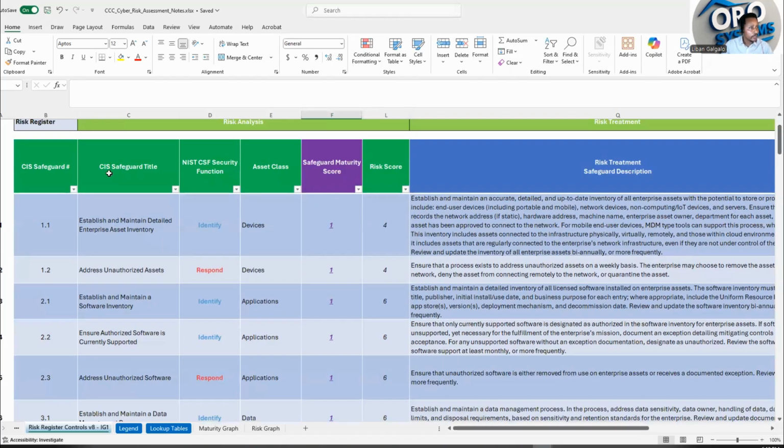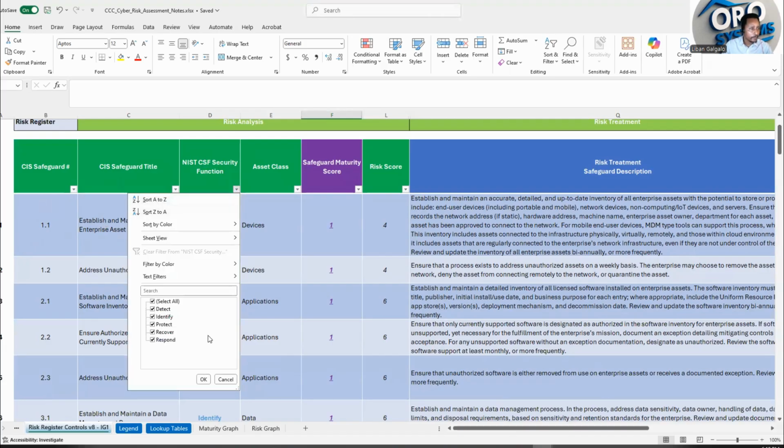Up here, we have the CIS safeguard title, like 1.1, establish and maintain a detailed enterprise asset inventory. Next is the CIS security function. There are 5 different functions in the NIST cybersecurity framework: identify, protect, detect, respond, and recover.